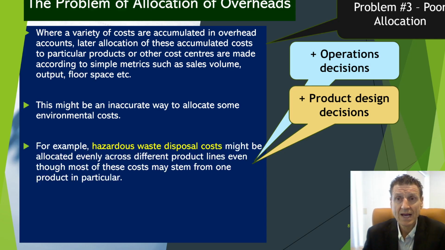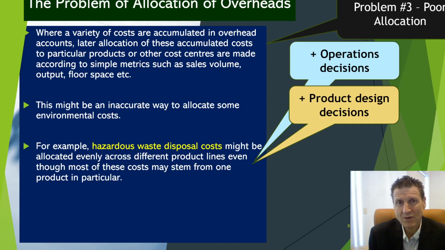For example, hazardous waste disposal costs might be allocated evenly across different product lines, even though most of these costs may stem from one product in particular. And so we need to have a more accurate allocation, because it may be product C that is creating more waste than product A and B. So it doesn't make sense to just divide the waste cost by 3 and split it across 3 products.